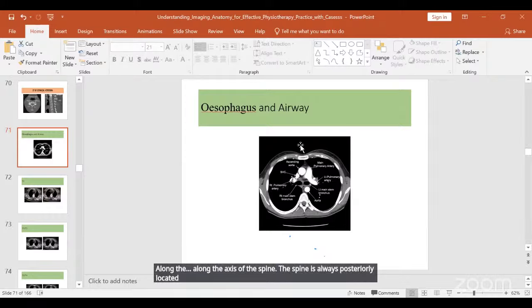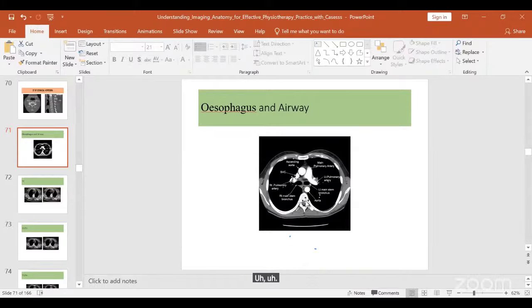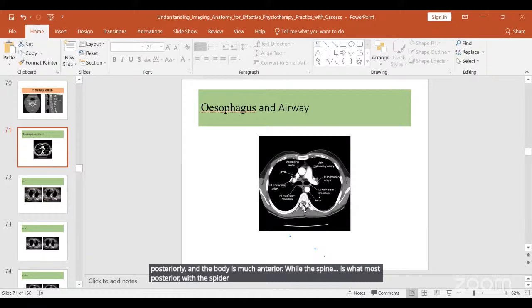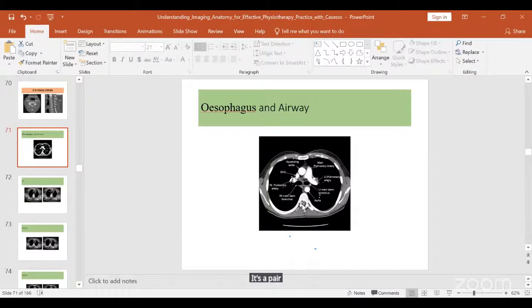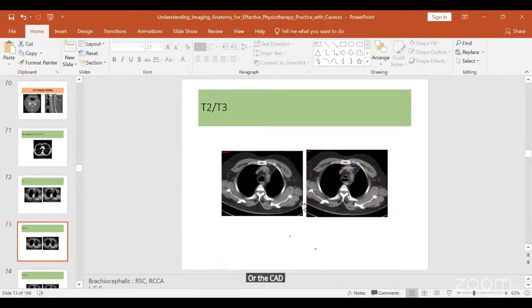So this is the anterior orientation of the image, and then the spine you have posteriorly. The body is much anterior, while the spine is most posterior, with the spinal canal in the middle. The spinal canal, across imaging modalities, appears radiolucent up to the level of the L2 vertebra or the cauda equina.